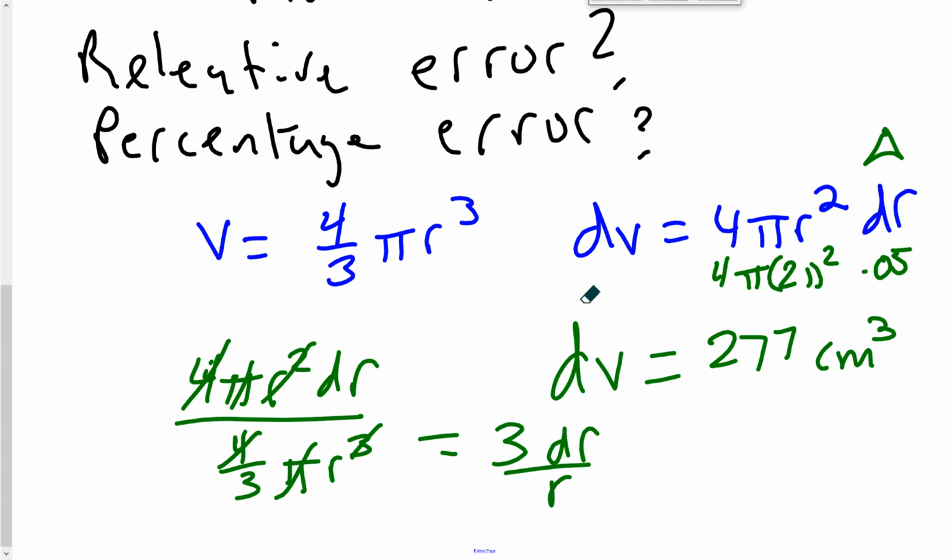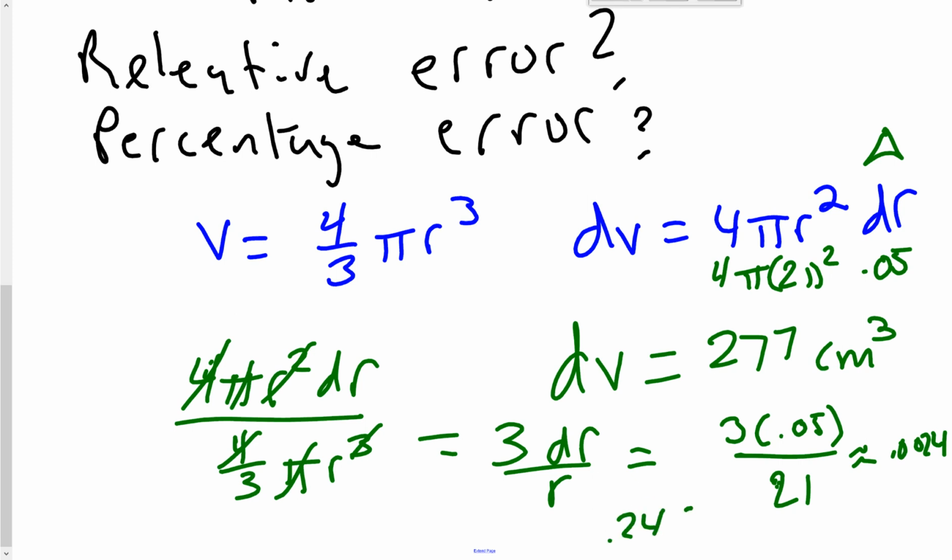So the relative error in the radius is taking our dr times 3, which is 0.05, over our radius, which is 21. So that's approximately 0.0024. So that number might seem a little better. And then our percentage error would just be changing that to percent, so 0.24%. All right, that's it for 2.9.